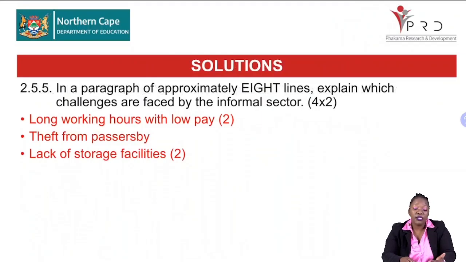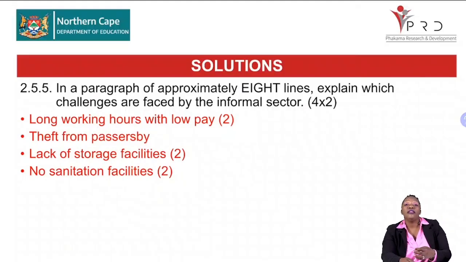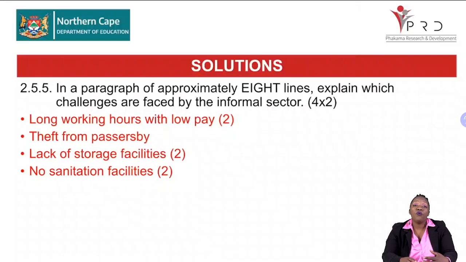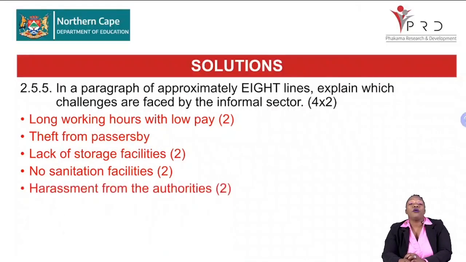As we have seen, it's also a challenge to them because they need to carry their goods going home and coming back to their spots where they are selling. And also, there are no sanitation facilities. Again, they are there in the street for the whole day. So you can imagine, where are they relieving themselves? And then the harassment from the authorities.